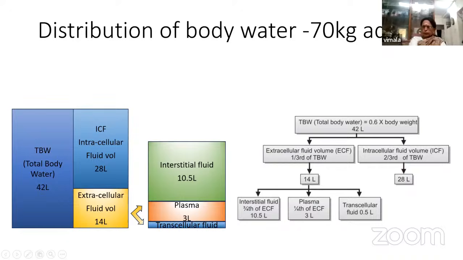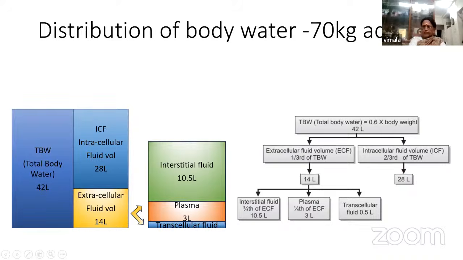To recapitulate, in a 70 kg man, 60% of body weight is water, which gives a numerical value of 42 liters. Of this 42 liters, 2/3 goes to the intracellular compartment. We can't do much about it because it's inside the cell. The remaining 14 liters get distributed to the extracellular space. What is the extracellular space composed of?